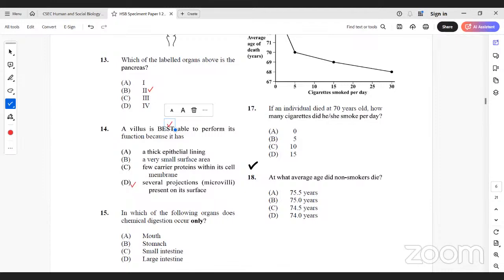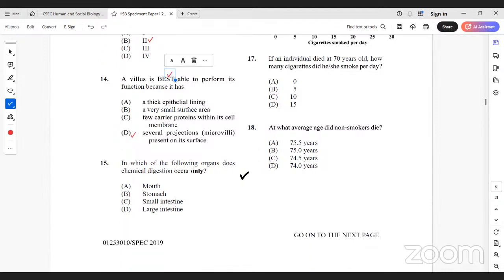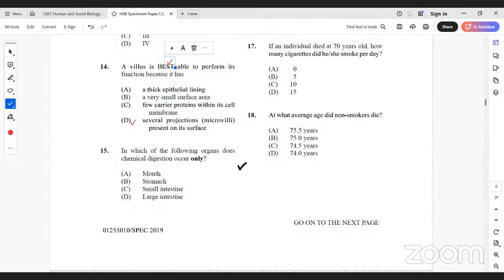This is the 2022 specimen paper. In which of the following organs does chemical digestion occur only? And they put that only in bold letters for you. So they just want you to pick the answer. This is not a trick question.